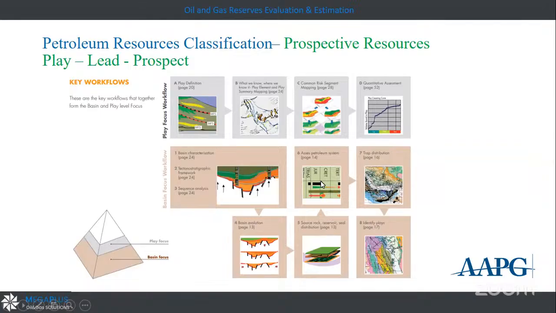Maybe the source will be in the Triassic or Cretaceous, and the reservoir in the Pliocene or Miocene. So I have a full evaluation of the play in that area, and then see the trap distribution, and finally identify the play.